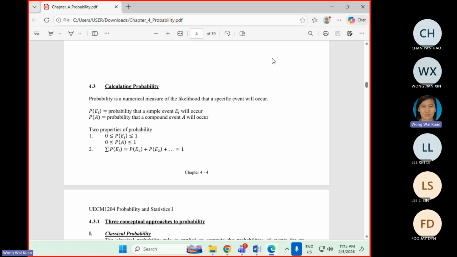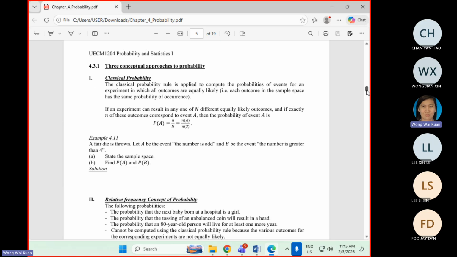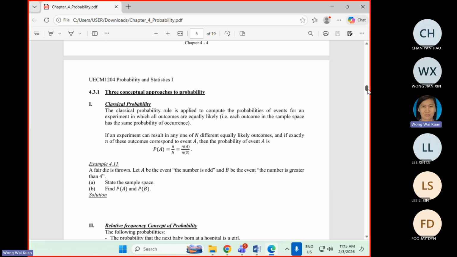Okay, so we have three conceptual approaches to probability. How to count probability? The first one, classical probability. Classical probability looks at the set.